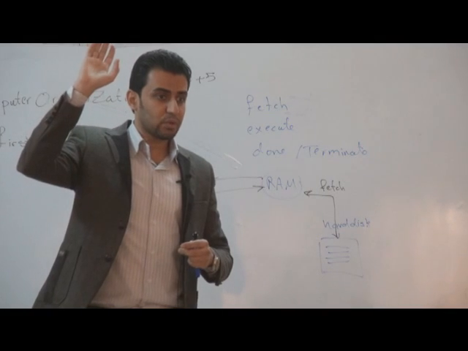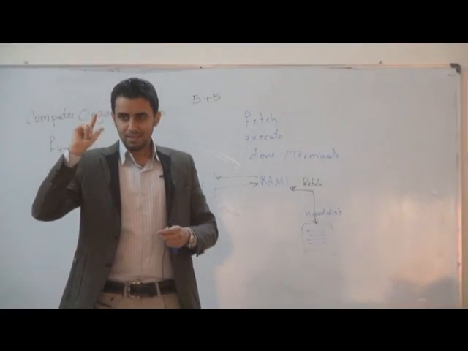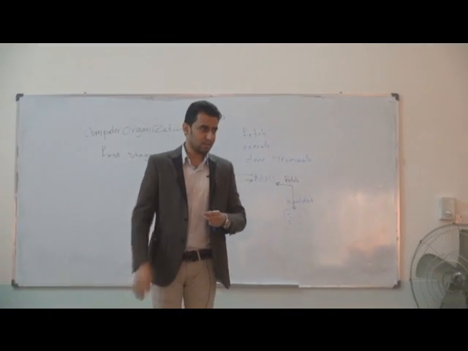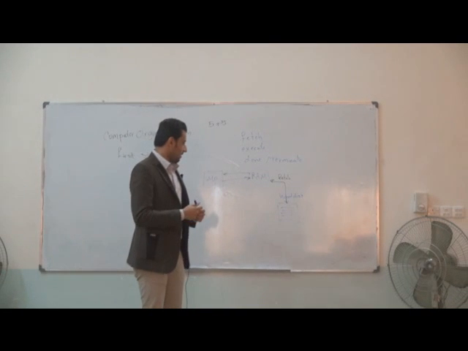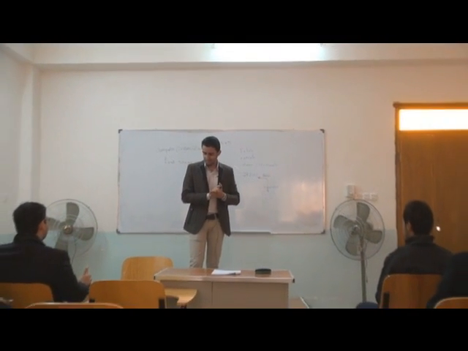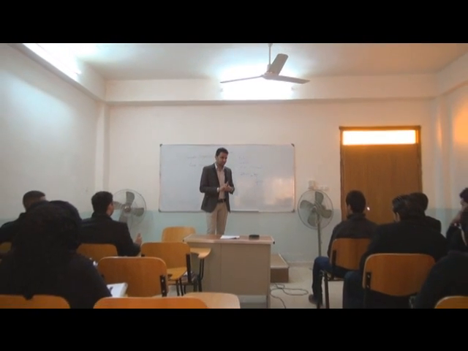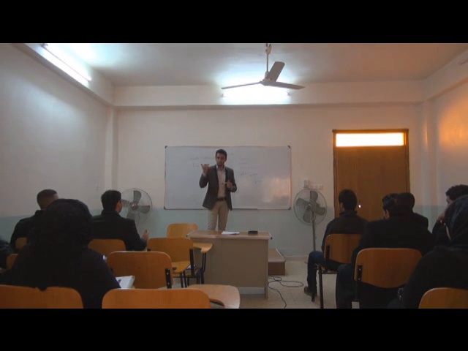Please raise your hand before you talk, please. Okay, hard disk. RAM is a type of primary storage device. So now we have the microprocessor, RAM, or memory, or storage device.